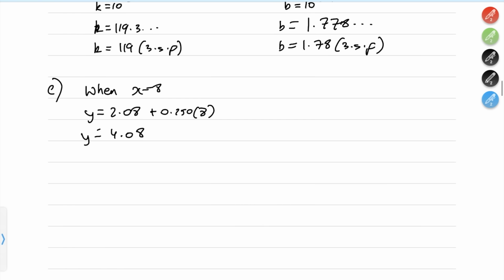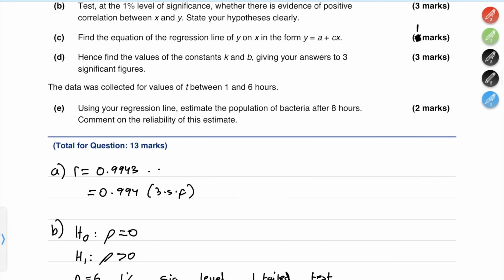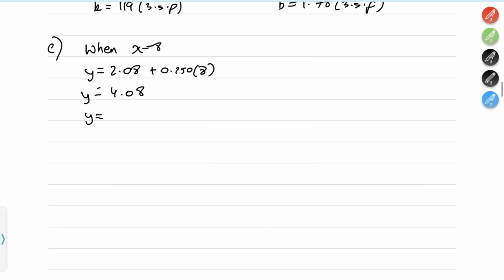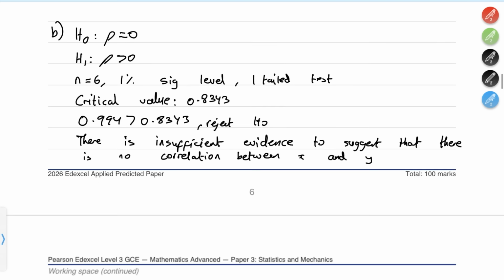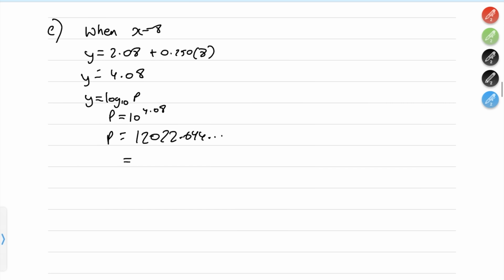Does it ask for anything else? I think it says estimate the population of the bacteria. So if y is 4.08, we know y is equal to log 10 of p. That means p equals 10 to the power of 4.08. So p is roughly 12,022.644. We can say to 3SF, that's going to be 12,000.